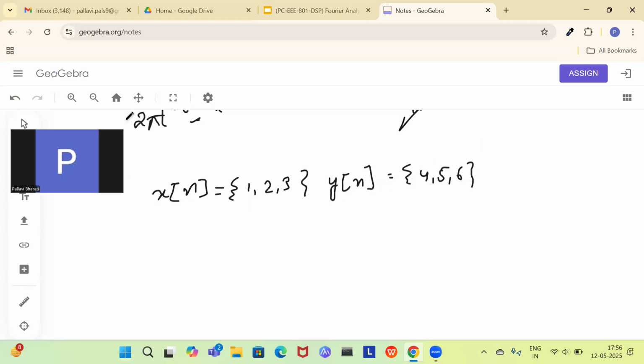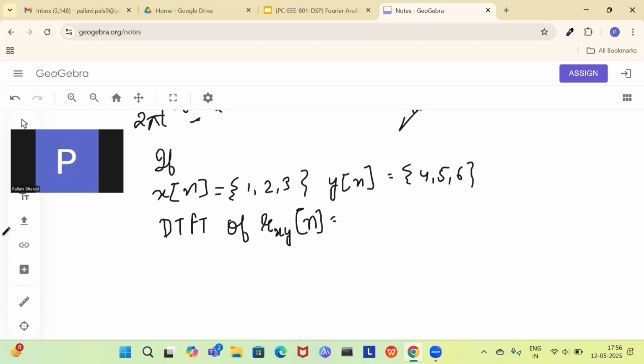So these two signals are given to us, and we are asked to find the DTFT of the correlation between these two. That correlation is denoted by R. Since these are two different signals, it is cross correlation. Cross correlation between these two is denoted by R x y, between x and y, and it is in discrete time.